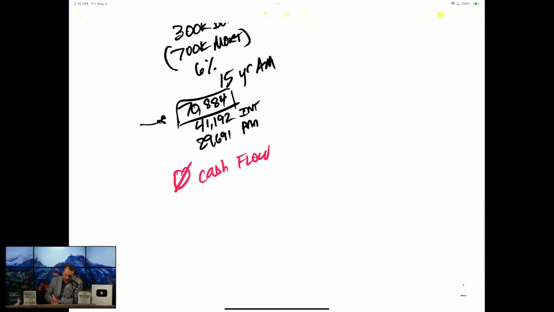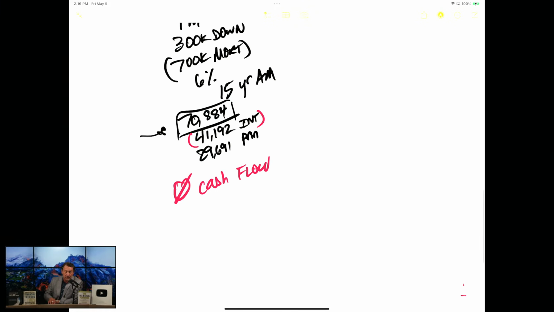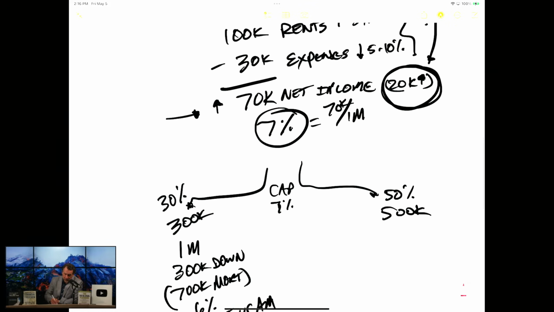And what's interesting is when you put interest into your net operating income. So I'm going to take this interest amount of $41,192 and subtract it from my net operating income, which brings me down to $28,808.